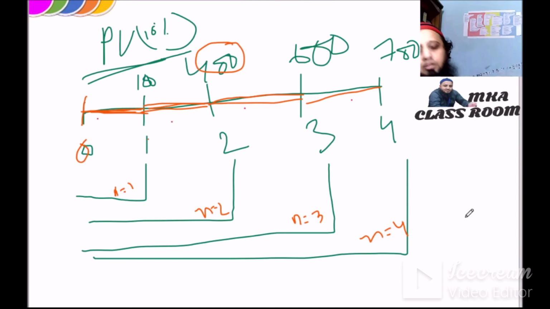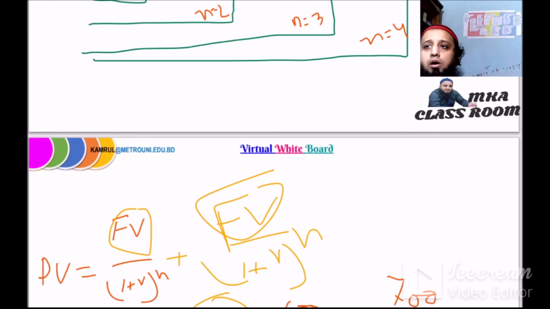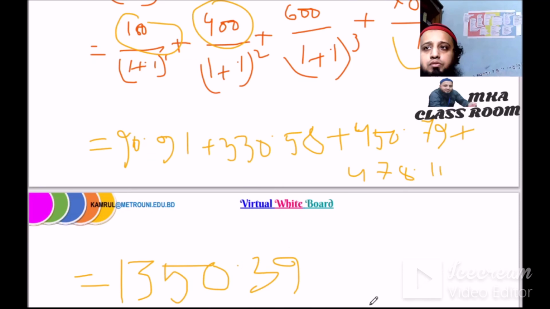In this way we can solve our present value of mixed stream problem. It is very clear that in this way we can solve the present value of a mixed stream.